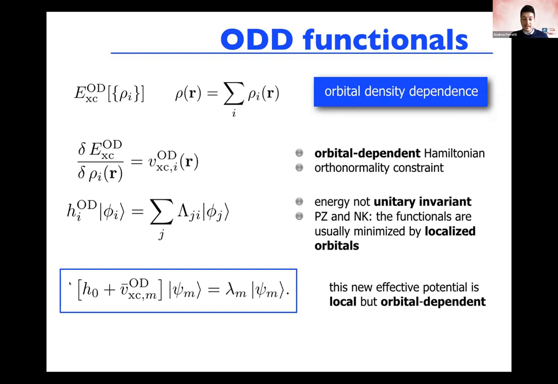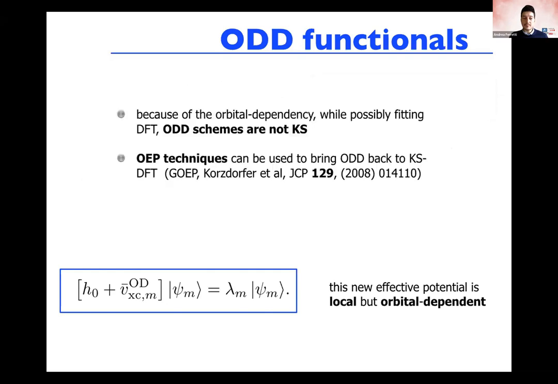And at the end of the day, we end up with an eigenvalue-like equation that looks like this, where this potential is actually local but orbital dependent. And then this somehow says that while these methods can still be seen within density functional theory, they are not Kohn-Sham any longer.